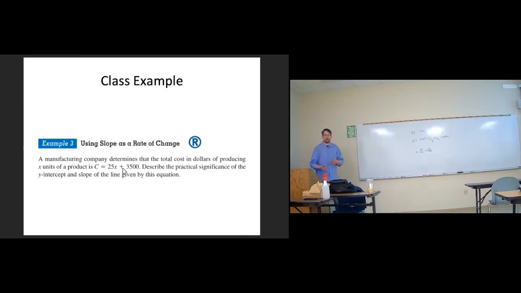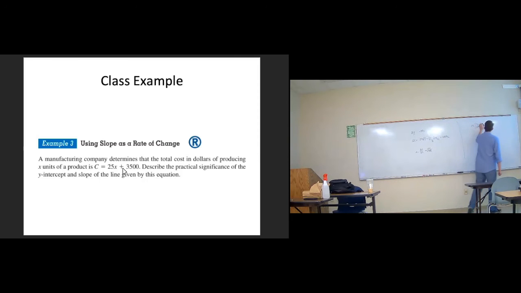Does that make sense what I mean? Wait, could you repeat that? So because what this 25 is actually doing in our example here, 25 has this set of units associated with it, dollars per product.